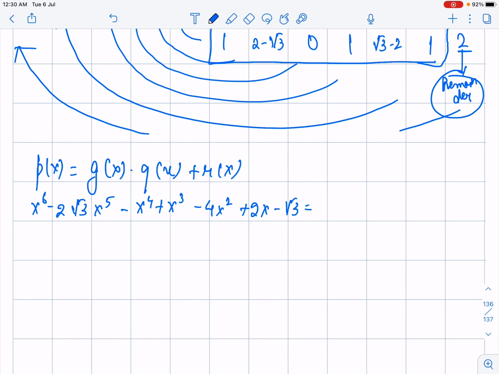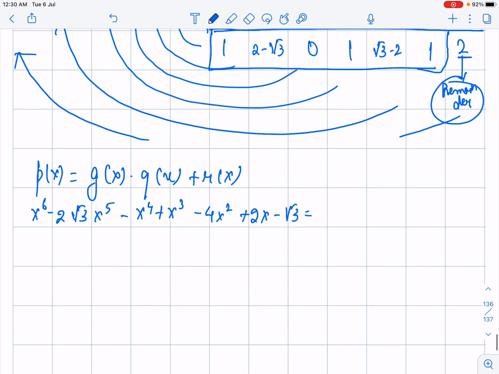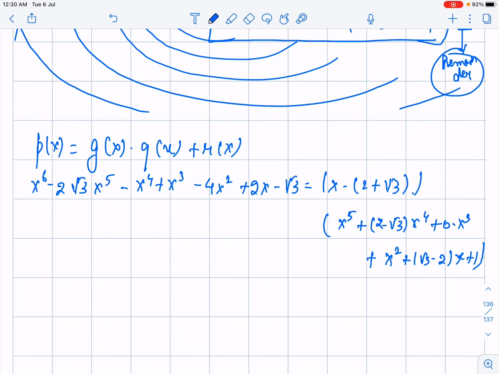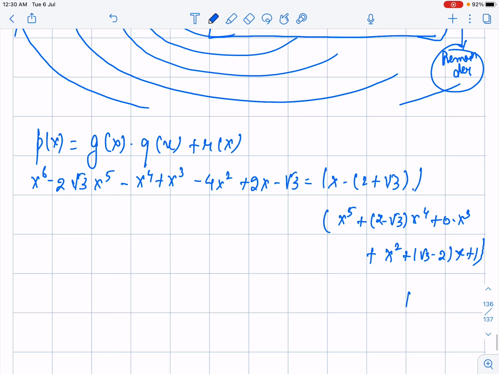And what is the value of g of x we do know? x minus 2 plus root 3. And what is the value of q of x? That will be a 5-degree polynomial: x power 5 plus 2 minus root 3 times x power 4, then plus 0 times x power 3, plus 1 times x square, plus root 3 minus 2 times x plus 1, and finally we are left with the remainder, r of x, that is 2.